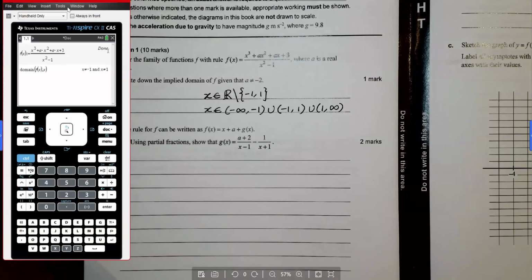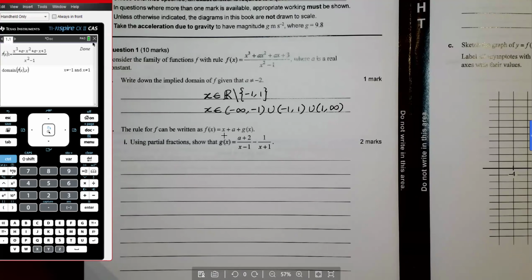Okay, next one. The rule of f can be written as f of x equals x plus a plus g of x. Using partial fractions, show that g of x equals a plus 2 over x minus 1, minus 1 over x plus 1. So it is important to address the question, say, using partial fractions.